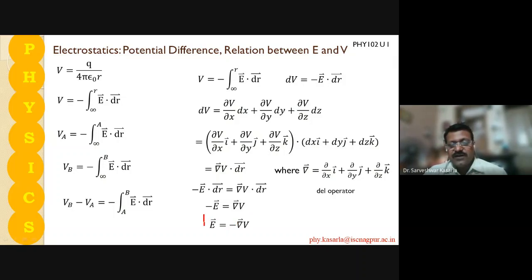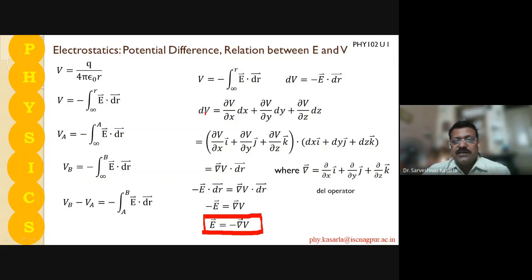So this is a very important expression. Electric intensity is nothing but the negative gradient of potential. Electric intensity is nothing but the negative gradient of potential. This is very important, and these are simple steps. V is equal to this expression, and dV can be written like this.